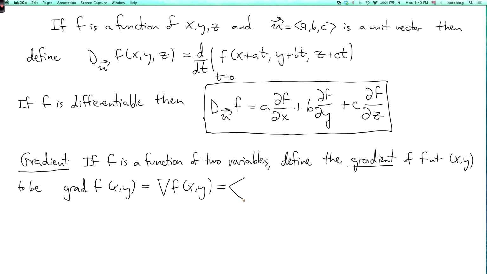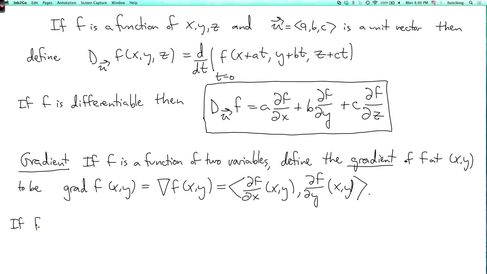Anyway, it's the vector consisting of the two partial derivatives. So at every point, the gradient is a vector, assuming, of course, that the partial derivatives are defined. Otherwise, the gradient is not defined.